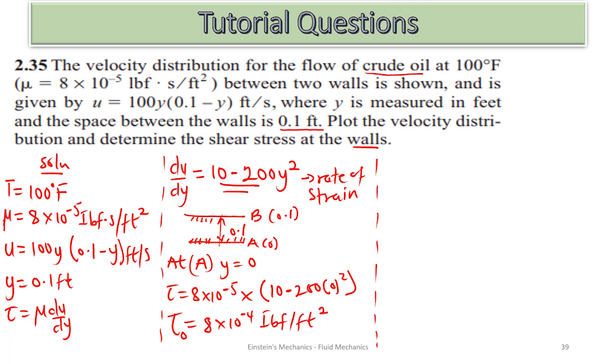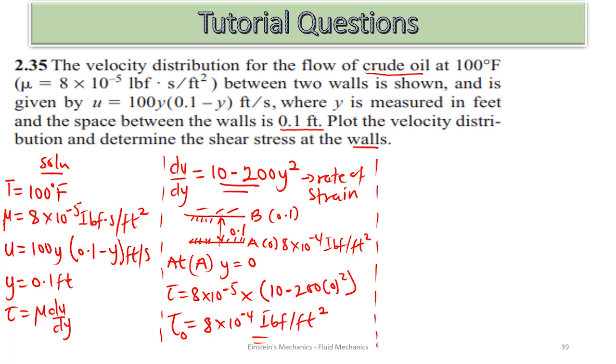So this is the shear at the point A equal to 0, or when y is 0, that is 8 times 10 to the power negative 4 lbf per feet square.